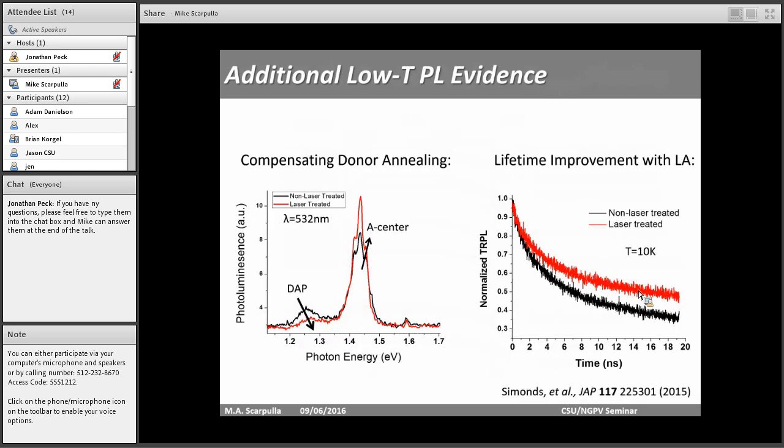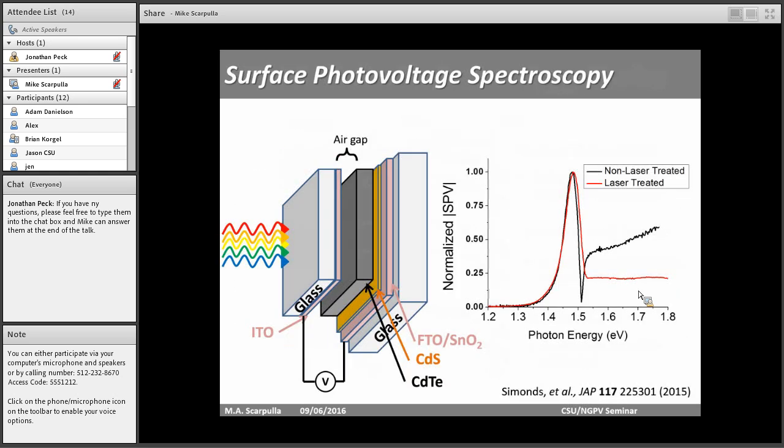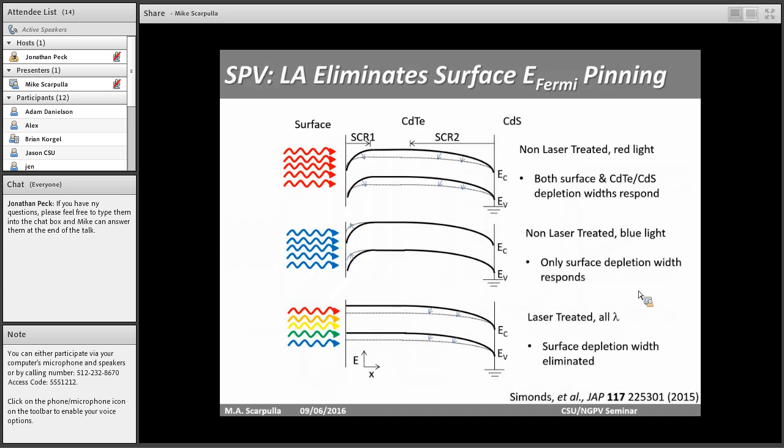That was the hypothesis we worked on to explain this. We see the elimination of that cusp in the signal, which corresponds to a phase angle shift of almost 180 degrees. And that red signal is indicative that there's only one space charge width responding.